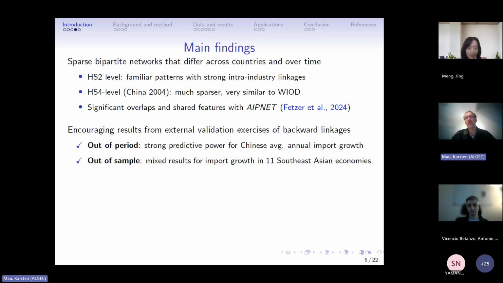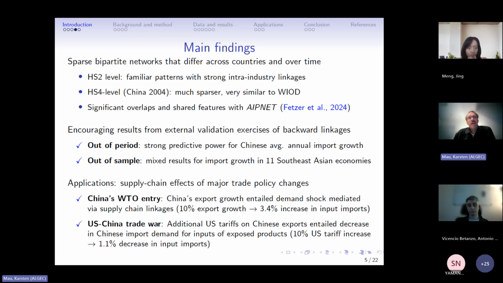And we do find quite encouraging results here for China, which is also our training sample. So we find quite strong external validation for this, but then also for a few other countries in Southeast Asia.